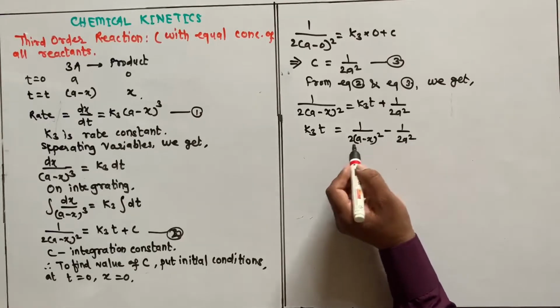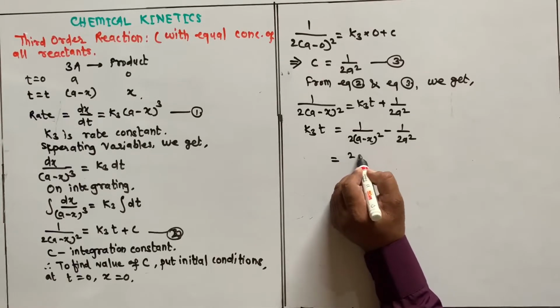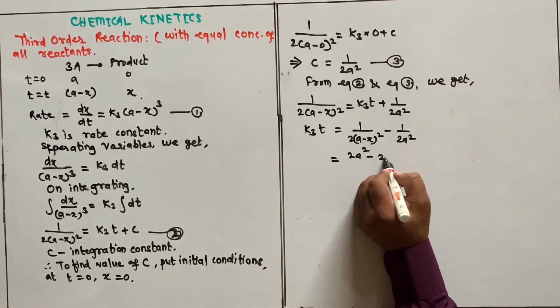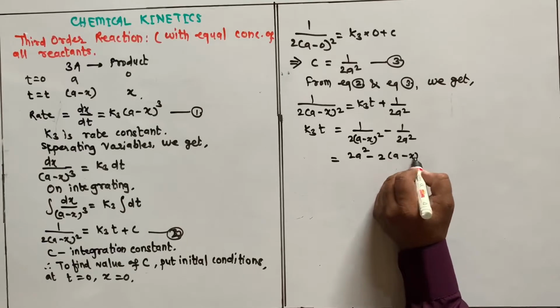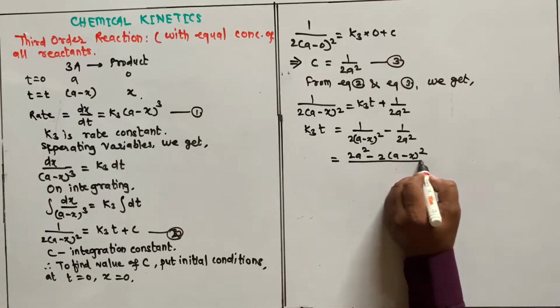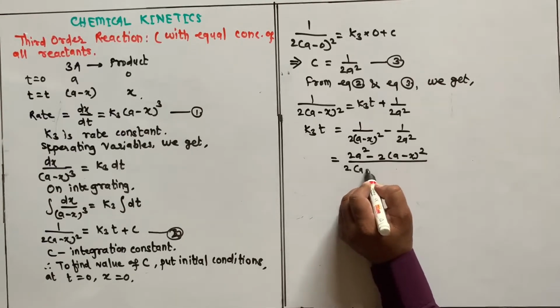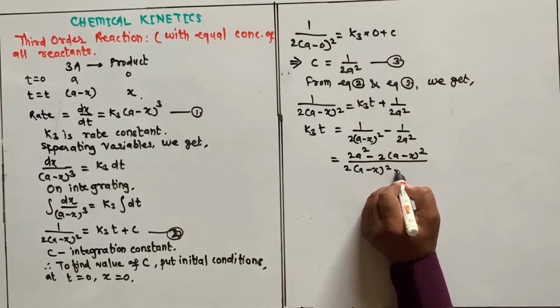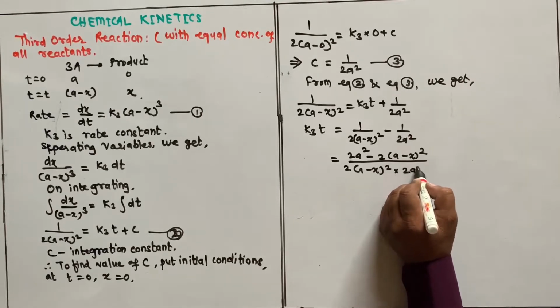Now simplify it. So it is 2a square minus 2 times (a minus x) square divided by 2 times (a minus x) square into 2a square.